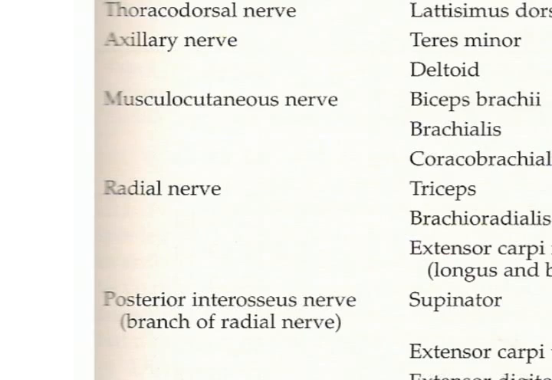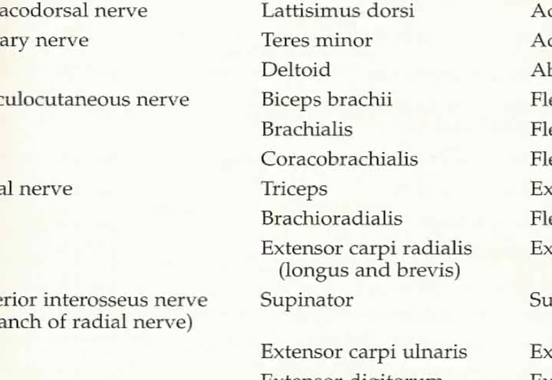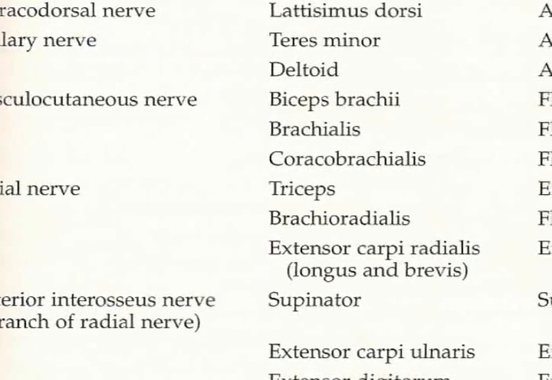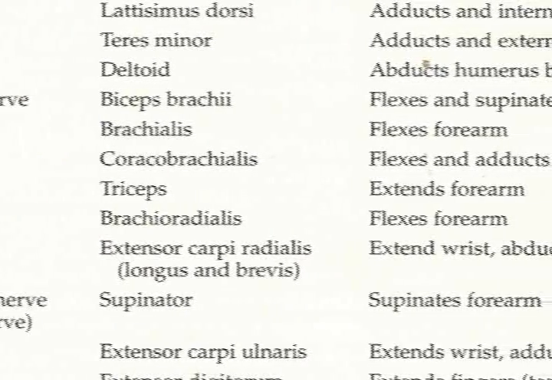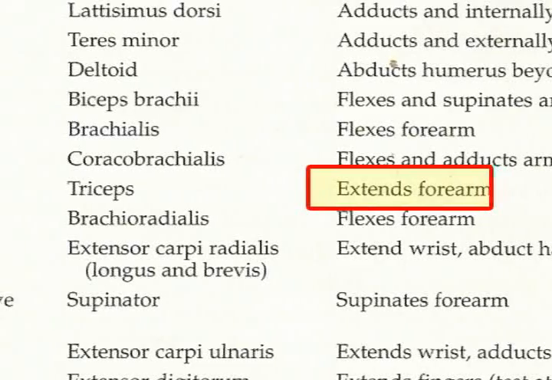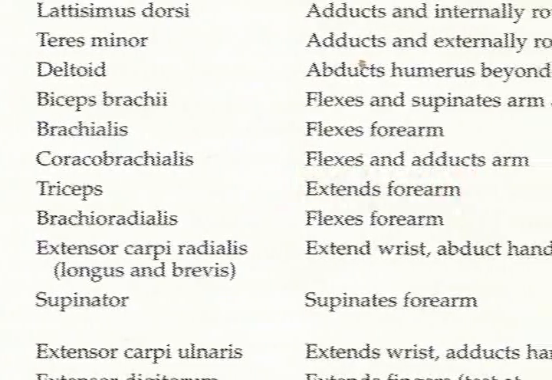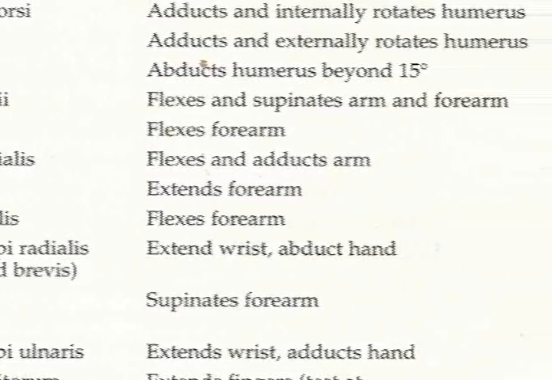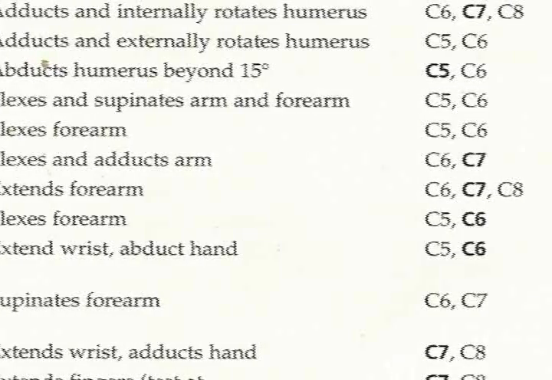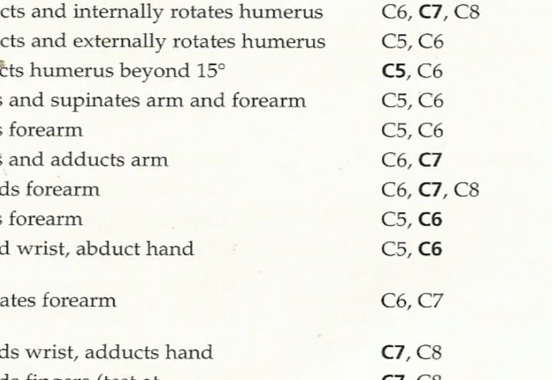Now this next scan, we're going to go down to the middle of the page where it says radial nerve. The muscle is the triceps. We're going to use the triceps muscle as an example. The triceps muscles essentially extend our forearm, and the nerve root levels, where the nerve signals come out of our spinal cord, are C6, cervical 7 primarily, and cervical nerve root 8.